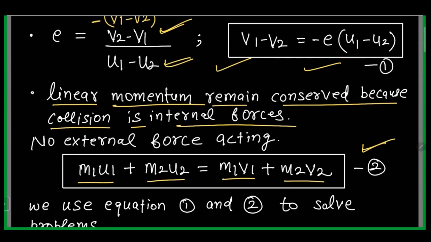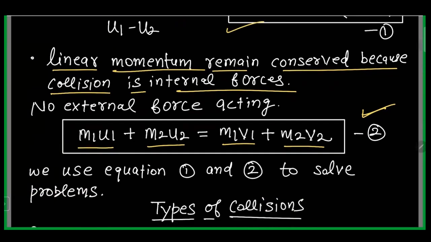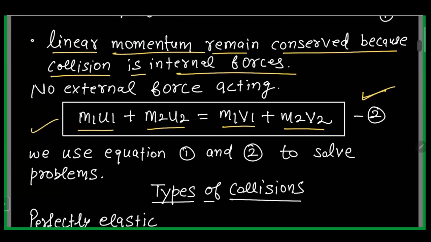Let's say I give you some bodies, some masses, some velocities, and I ask you what will be the final velocities. All those questions are solved using these two equations. So we use the definition of coefficient of restitution, and also the definition of conservation of linear momentum, in order to solve the problems.